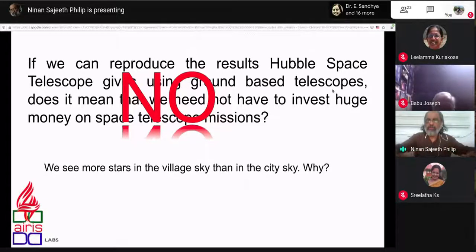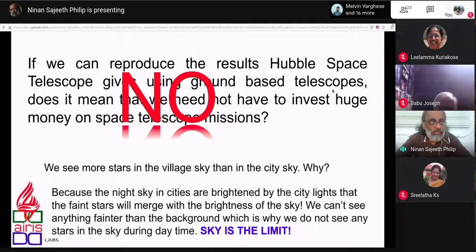The spreading goes to an extent where the sky surface brightness equals the brightness of the star. Then it becomes invisible. And no method can extract the star from that kind of a scenario. So it is not possible to go beyond the limit of the sky. Or one would say, sky is the limit.